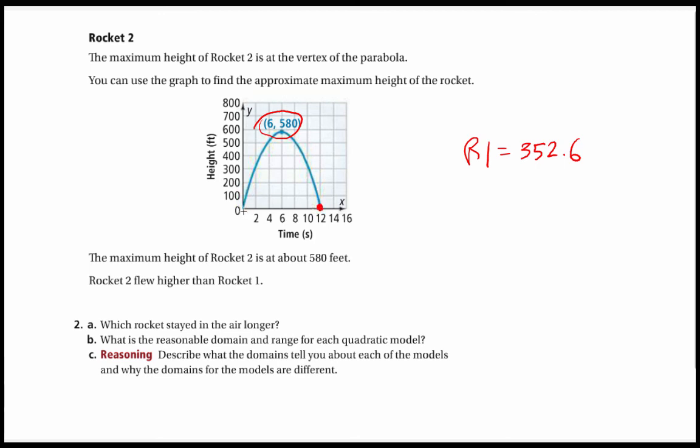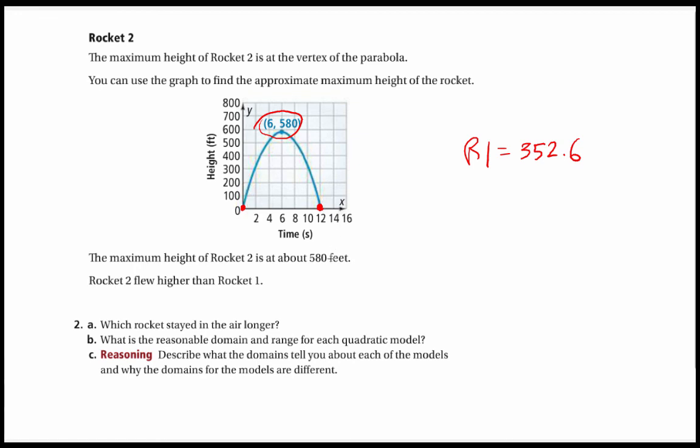The rocket is launched at time 0, height 0. It's launched, it reaches a maximum height of 580 after 6 seconds, and then it starts to come back down towards the ground. So where our parabola hits the x-axis again, remember x-axis, y is 0, y is the height here, so the height is 0 at this value again, so the rocket has come back down to the ground.